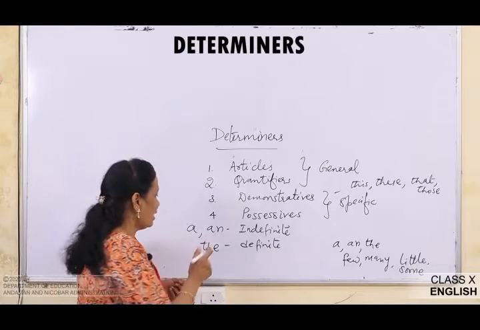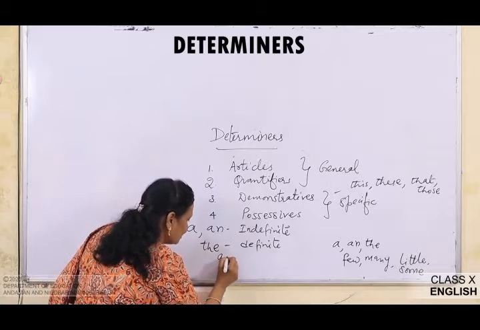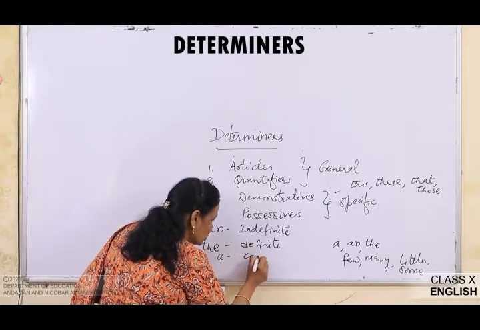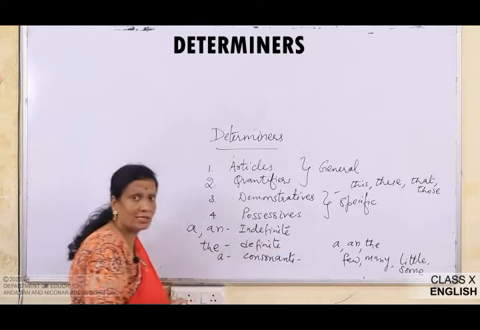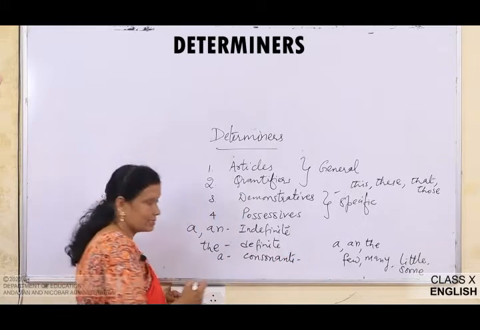And we also know that a is used before consonants. And how many consonants are there in the English language?